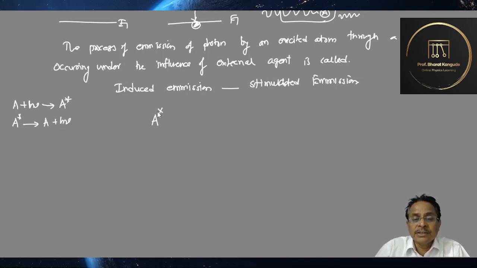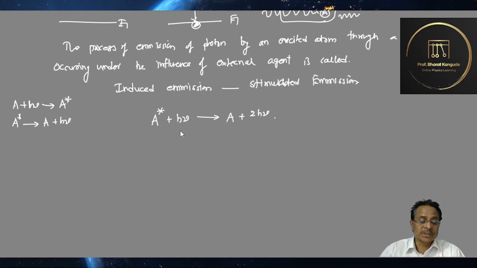Here we have A star, and this time another photon of energy h nu is incident, and there is interaction between this photon and the excited atom, which gives A plus h nu, and the earlier h nu that was absorbed, so it is twice h nu. So the process is A star plus h nu gives A plus twice h nu.